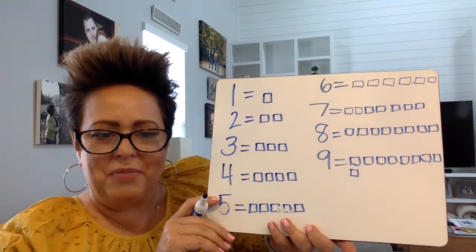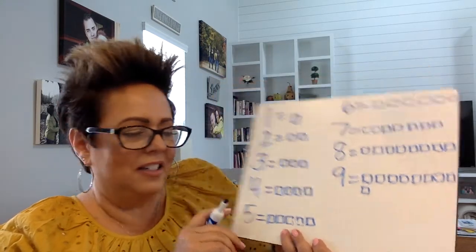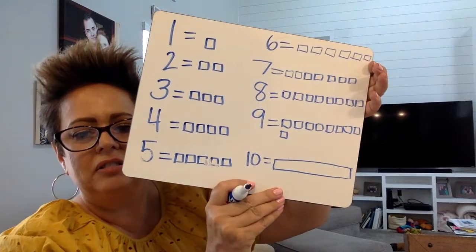Okay, now remember, when we show 10, we are going to show the 10 group that is all hooked together. So Mrs. Hoffman likes to draw a really long rectangle, and then I like to draw lines to show 10. 1, 2, 3, 4, 5, 6, 7, 8, 9.